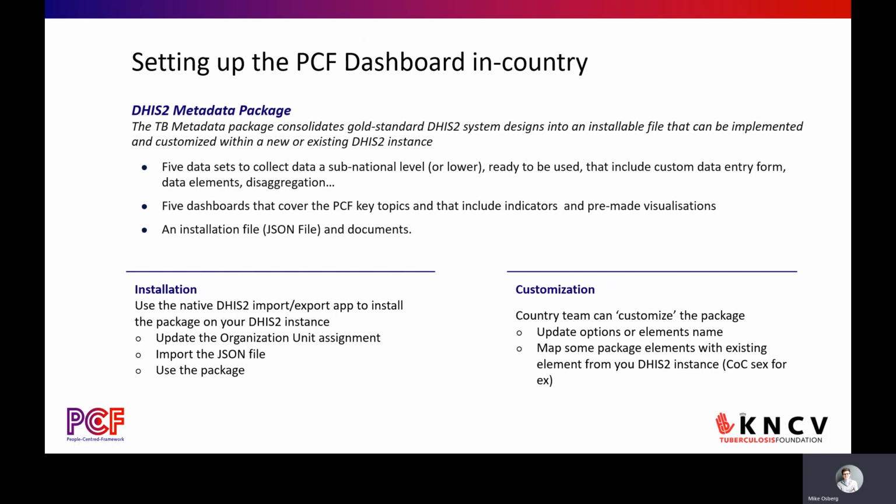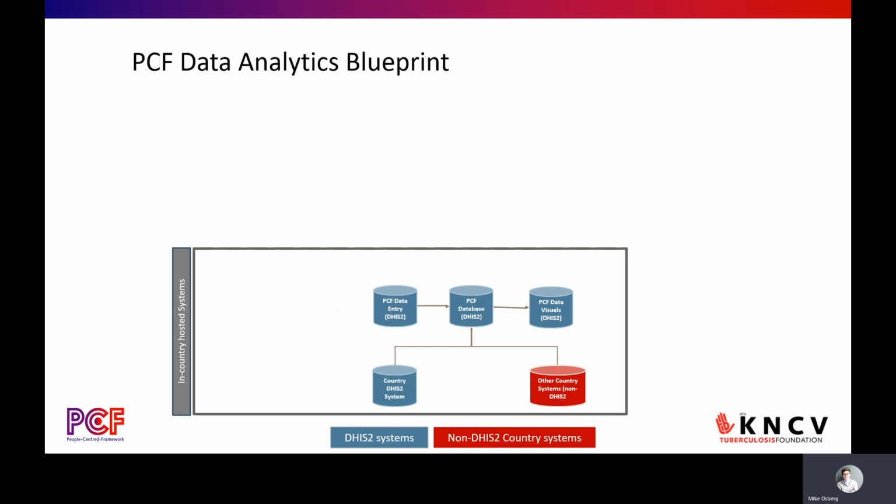So the last piece we want to touch on is the overall data analytics blueprint, what we're thinking about and what we've talked with partners and others about as most useful. This is the schematic of the existing system that we just walked through. As we mentioned, there are existing country DHIS2 systems.